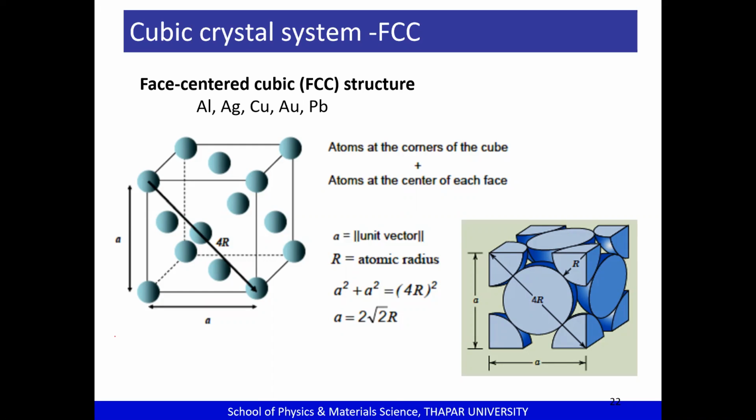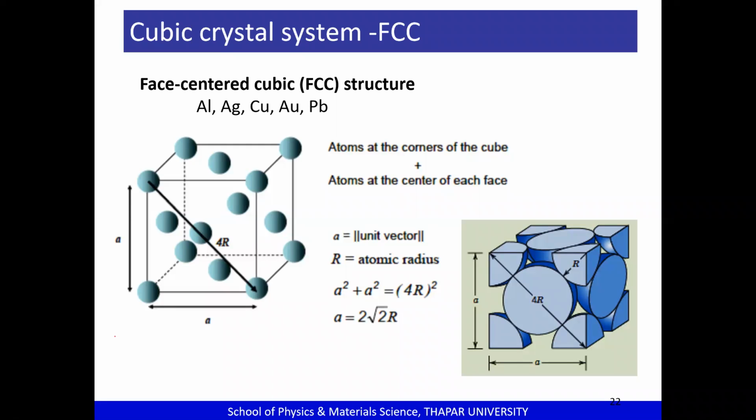You can also represent the same geometry as shown in the lower rightmost corner, where only the cross-sectional view is shown. What you can see is if I look along the face diagonal and compute the total radius making the face diagonal, I can see one full radius of the corner, another full radius of the corner, and the central face atom belongs entirely to it, with radius 2r. So the total length of the face diagonal is r plus 2r plus r, which comes out to be 4r.